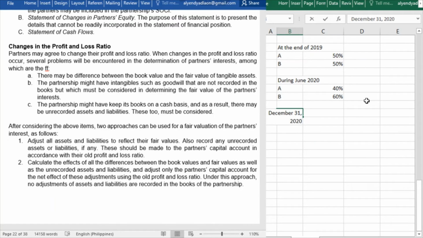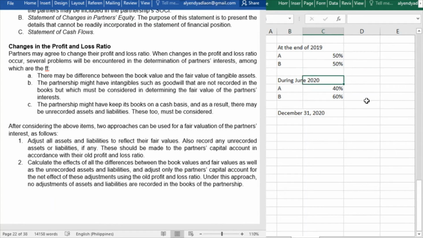Now, what we're going to do is simply consider any changes in the fair value and then adjust these to the capital accounts of the partners using the old profit and loss ratio.